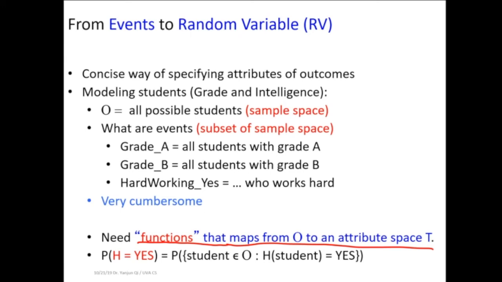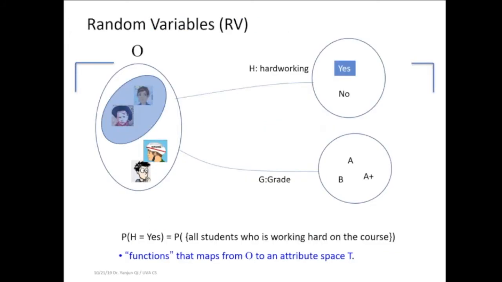But I can just represent it as a function H applied to all the students, and if it equals yes, those are the students that work hard. So it's a function. It's a function that maps each elementary event to an attribute output. For example, H is a random variable. You apply that random variable, then you essentially split your sample space into yes or no.